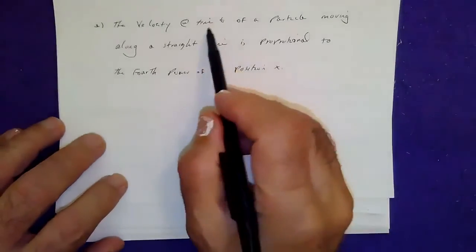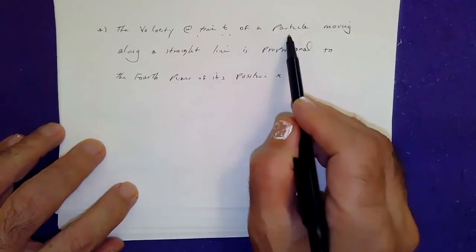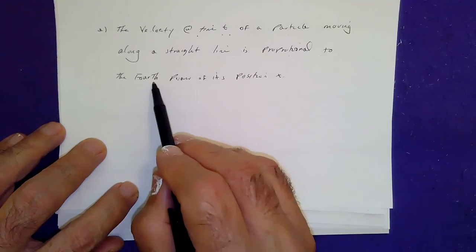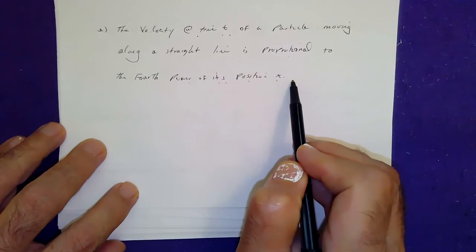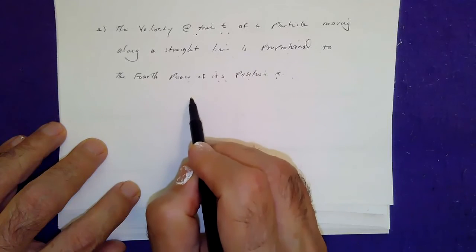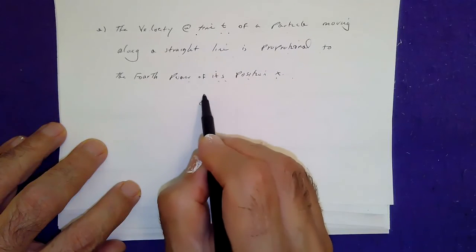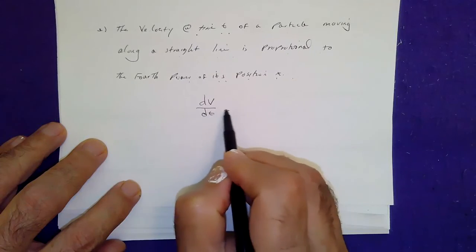Okay, so the next example: the velocity at time t of a particle moving along a straight line is proportional to the fourth power of its position x. So the velocity is changing, so that would be dv/dt. That's the rate of change.